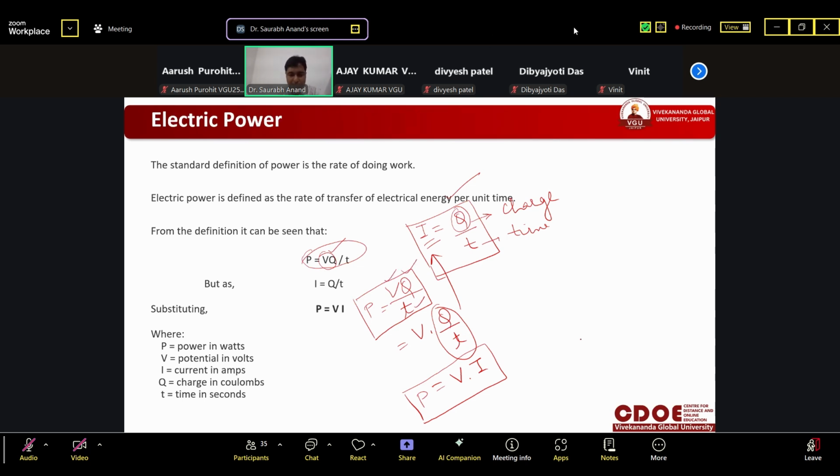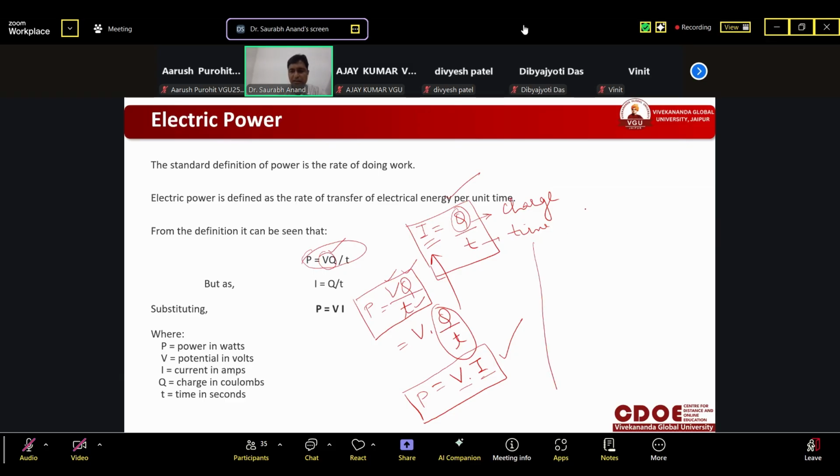If we have only voltage and current values, then we use this formula. Depending upon the values given to you, the corresponding formula can be used for calculating the power. So first we have to find out which values are given to us, and after that find which formula to use. So basically we use P is equal to VI for calculating the power, right?